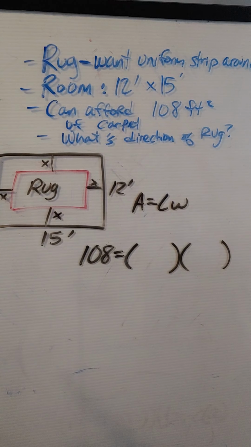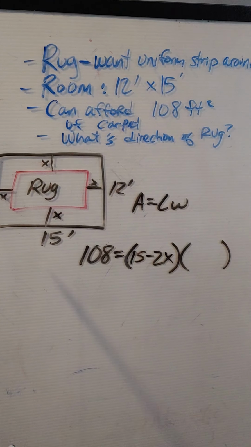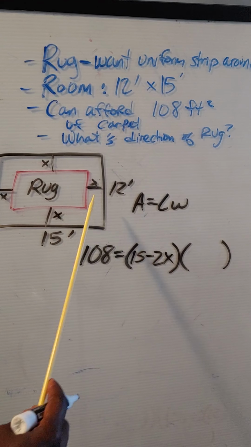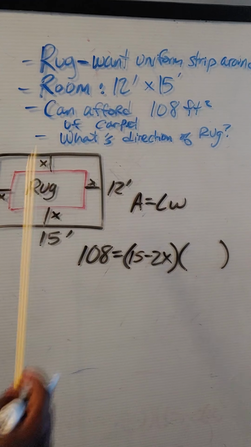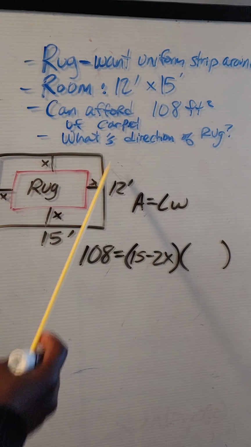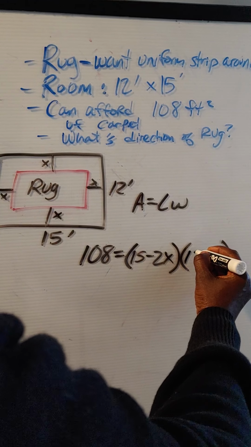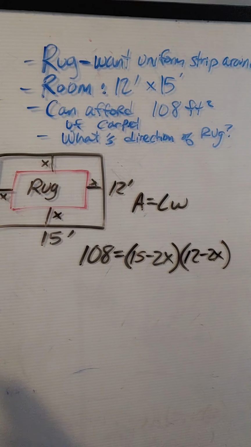So I'm going to express that as 15 minus 2X, those X's that I identified as that uniform strip. My width is the same. I've cut out 1, 2 X's, so I'm going to write my width as 12 minus 2X.